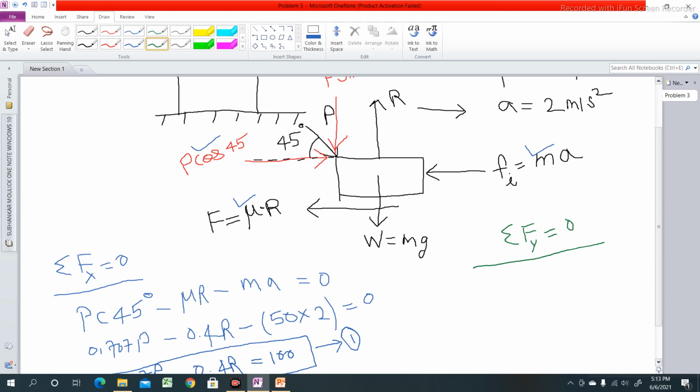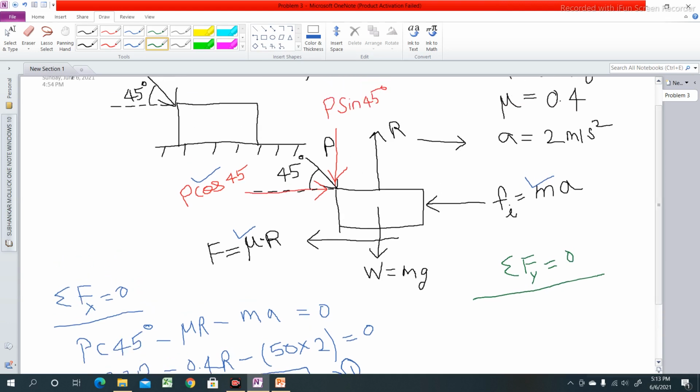One is this force, that is P sine 45. It is acting in negative y direction, so the sign will be minus P. I am writing sine 45 as S45. S45 means sine 45. Minus P sine 45.